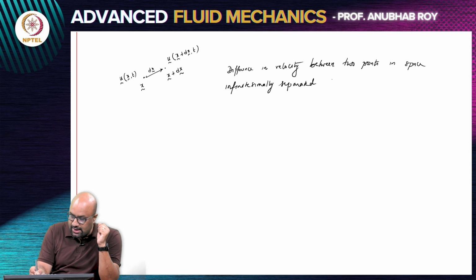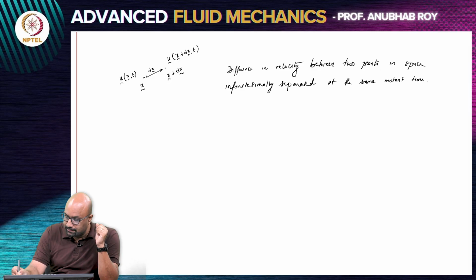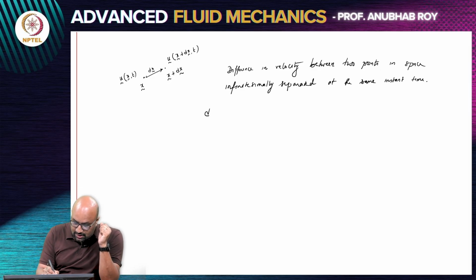So, we are using dx at the same instant in time. At a particular instant in time, we want to find out what is the difference in the velocity. So, if I write out my du, it would be u at x plus dx comma t minus u at x comma t.